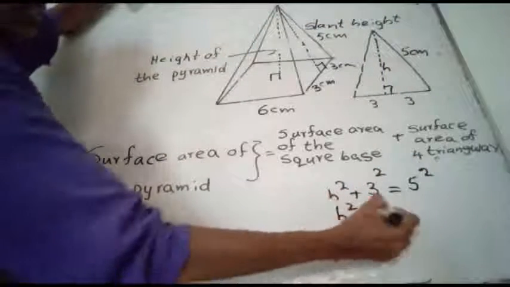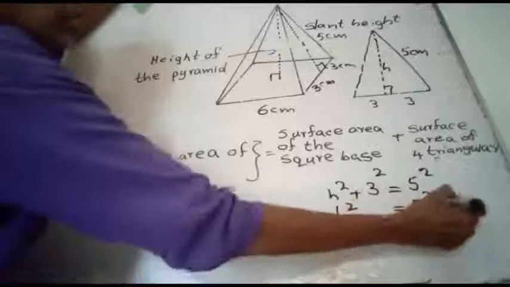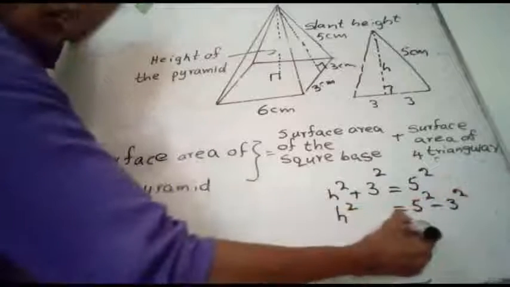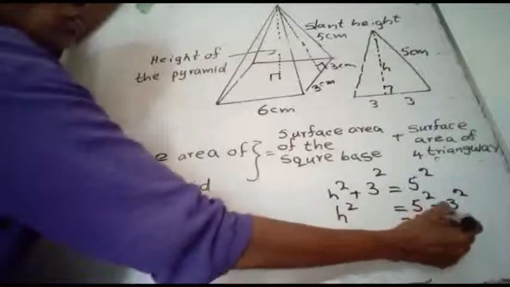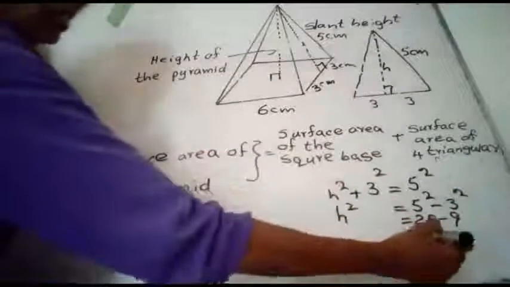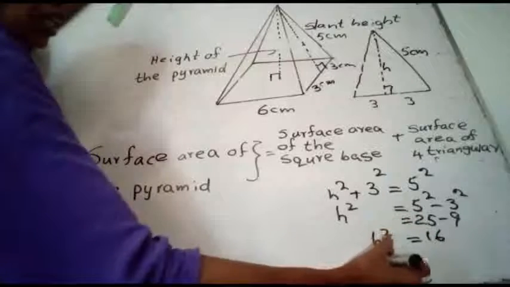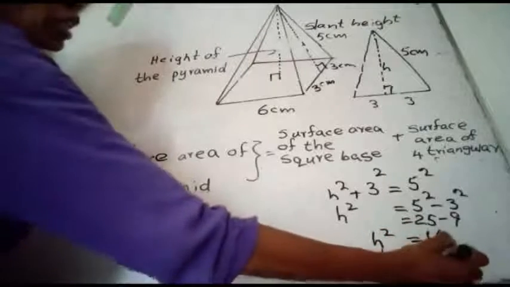H squared is equal to 5 squared subtract 3 squared. 5 squared is 25. 3 squared is 9. 25 subtract 9 is equal to 16. H squared is equal to 16. H is equal to 4 centimeters.